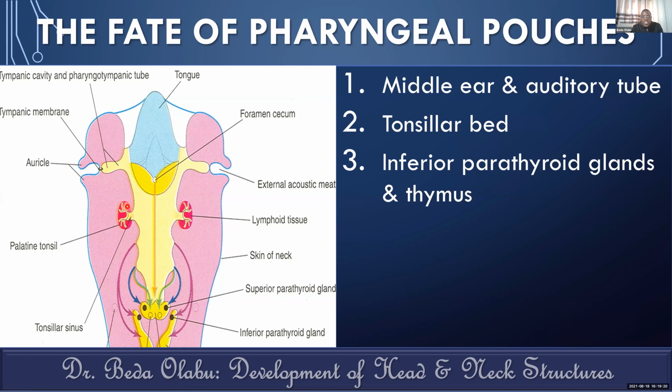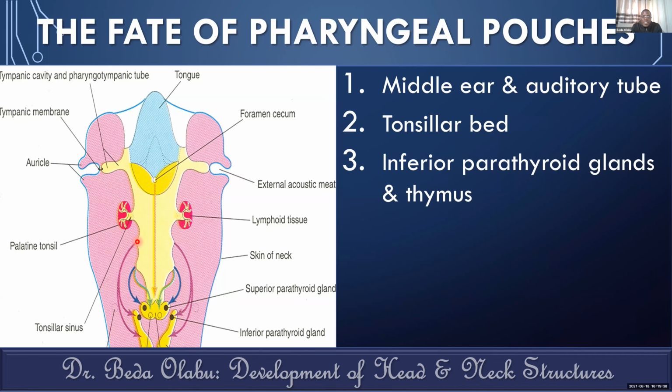The third pharyngeal pouch, what does it become? The third pharyngeal pouch gives rise to the tissues that form the thymus. But it also gives rise to the tissues that form parathyroid glands.